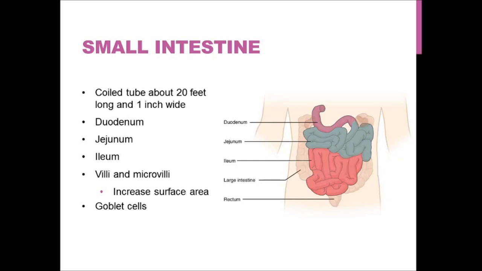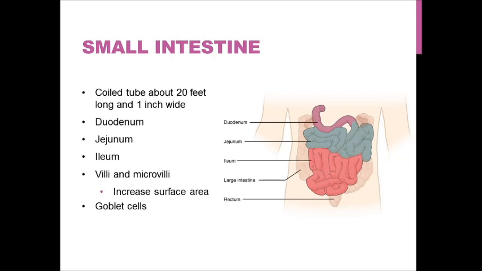Through the intestines, they're going to move food along through peristalsis and segmentation, so pushing it via contraction and also churning it. After the food leaves the stomach, it takes about 5 hours to leave the small intestine and enter the large intestine. So it's quite a long process after you eat a meal.